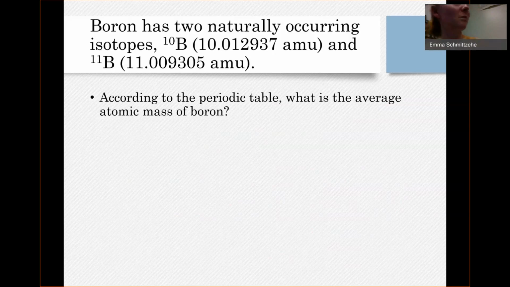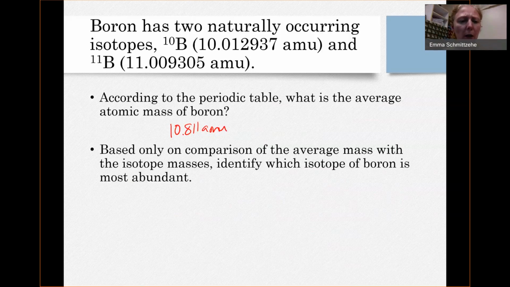And it's 10.811, so I'll write that down. So the average atomic mass is 10.811 AMU for boron. Like I said before, depending on what periodic table you look at, you might be given more decimals. You want to keep at least 2 of them, so that you're not integrating excess error in your calculations.